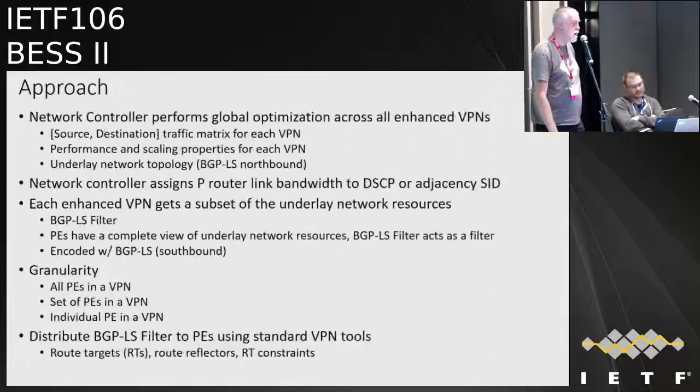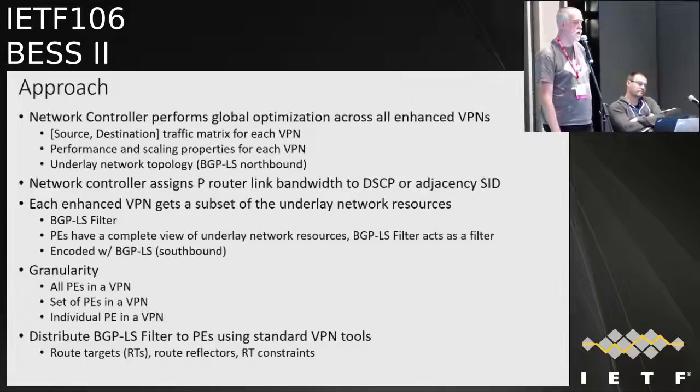The approach requires some kind of centralized view, as TE does, so that you can do the optimizations in a central controller and take as information the traffic matrix for the VPNs, the properties that are required by the VPN, and the information about what's there in the network already, which you would get out using BGP-LS.